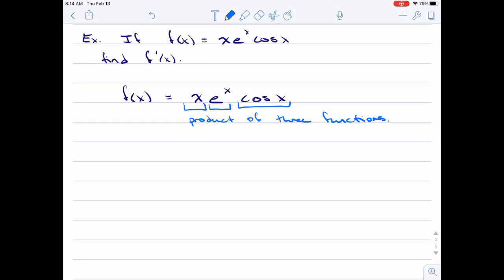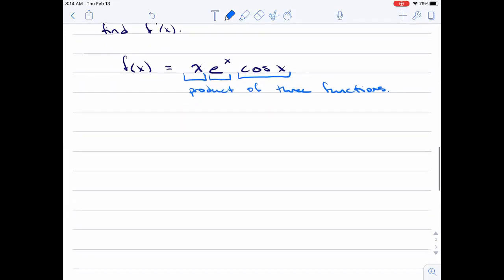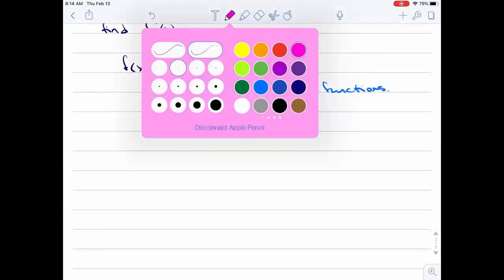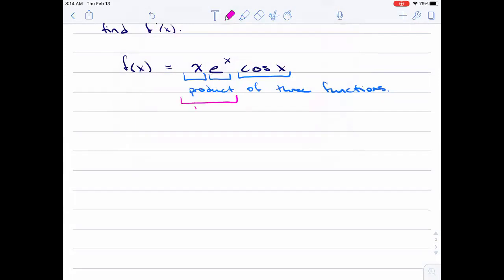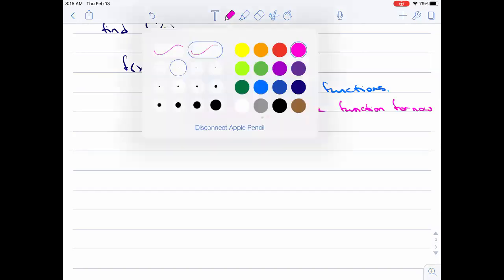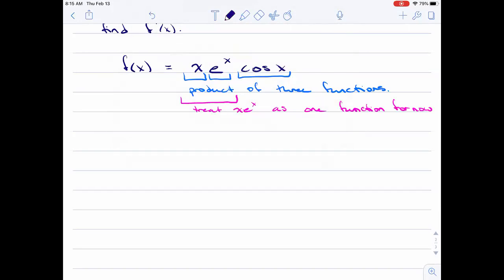I'm going to treat x e to the x as 1 function for now. Because if I treat x e to the x as 1 function, then I will have to take the derivative of it, and it will use the product rule. So I'm just going to smush it together as 1 thing for now.